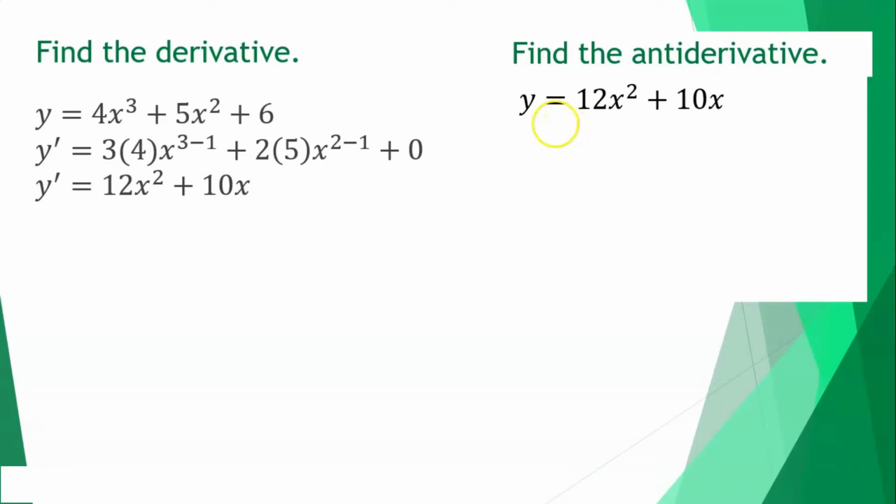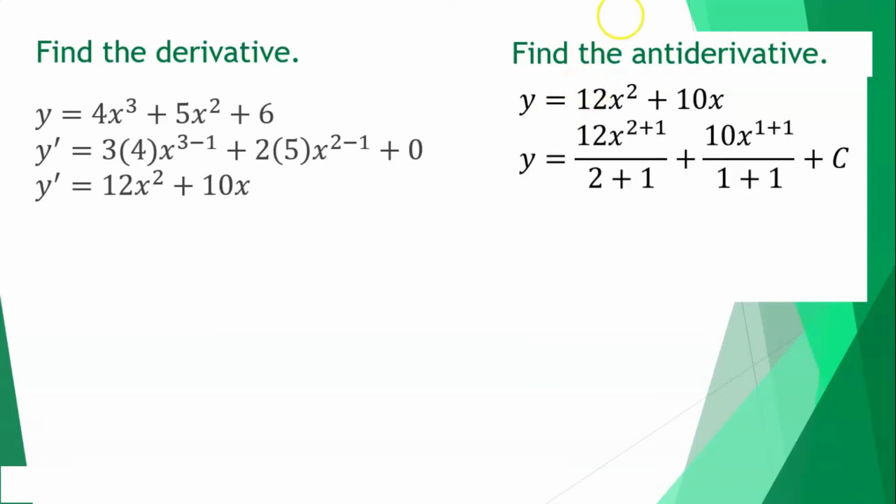So we have 2, plus 1, so 2 plus 1, divide that from the given coefficient. Then for 10x, we have the exponent of 1, so plus 1, so divide this by 1 plus 1. Then we will always have this plus c, which represents any possible constant.